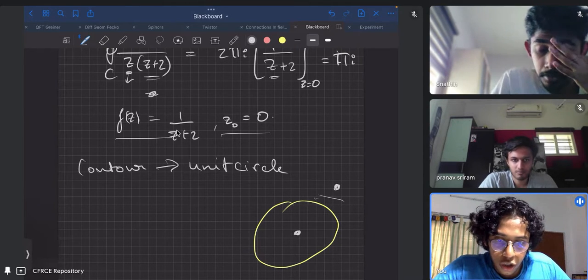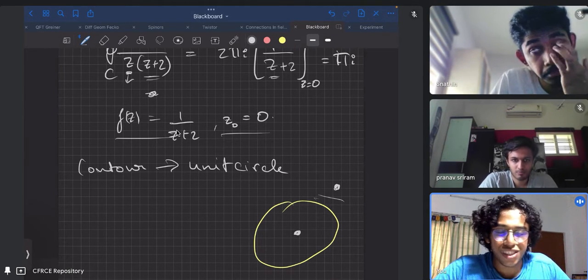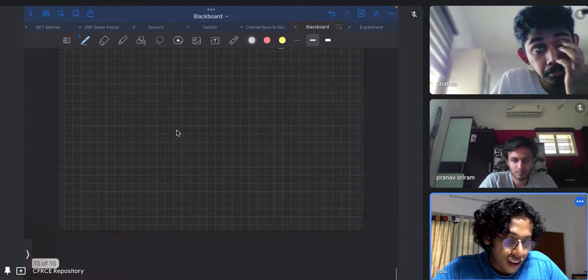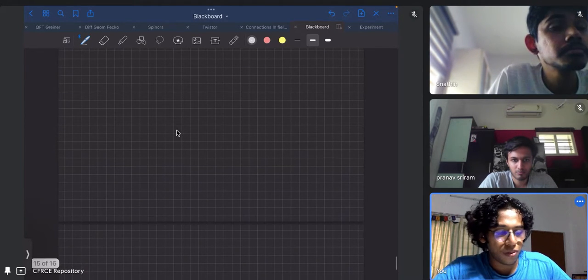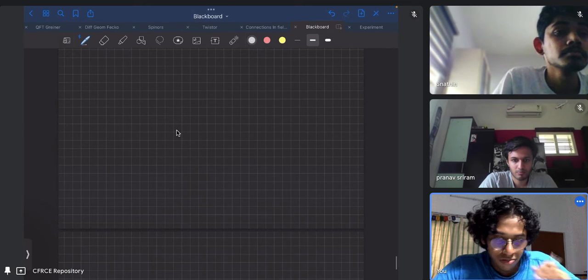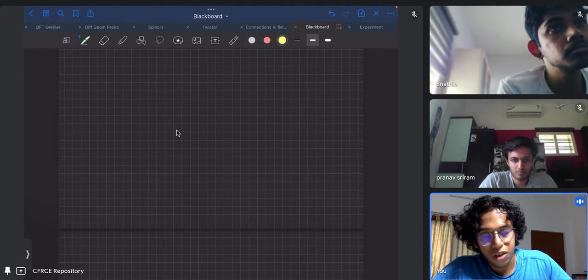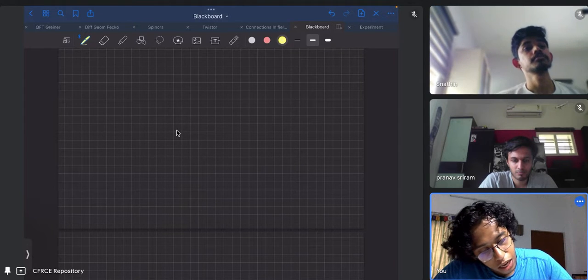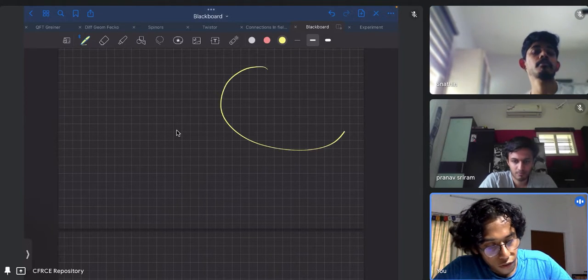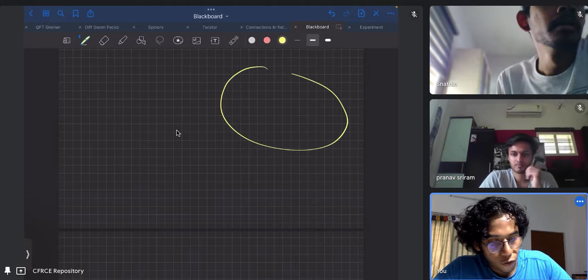Once we have done this example, we go through another simple, trivial example, or rather an intuitive sketch. So now we have a contour, and now we have two singularities here.